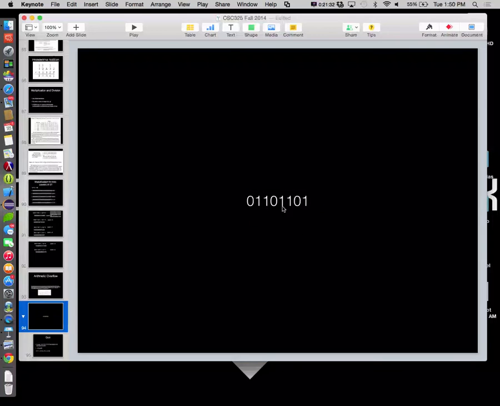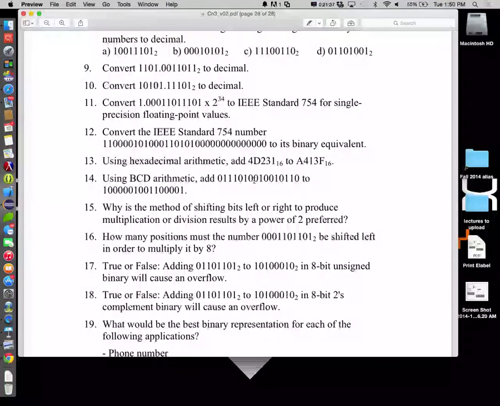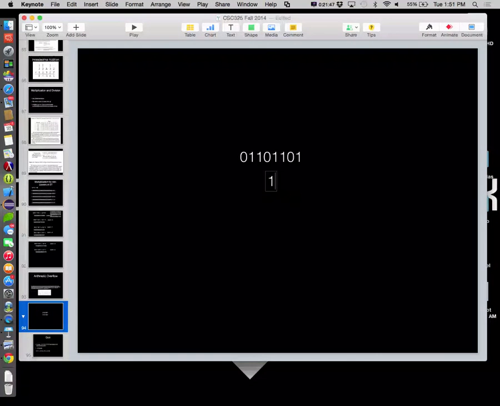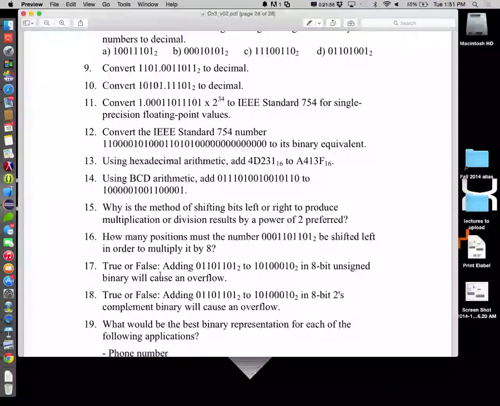That's our first number. Second number is 101. All right, and the question is, adding these unsigned binary values will cause an overflow, true or false?